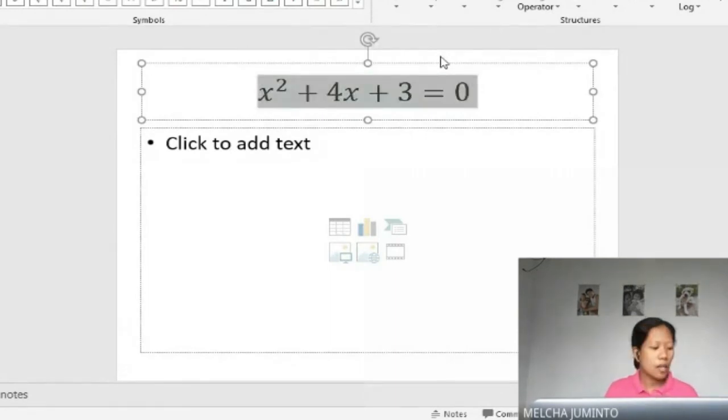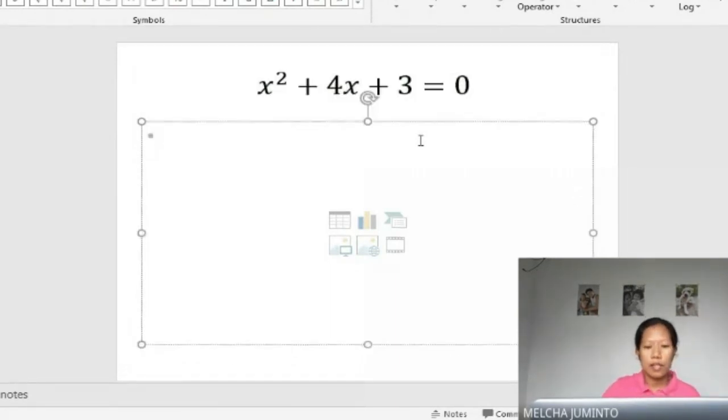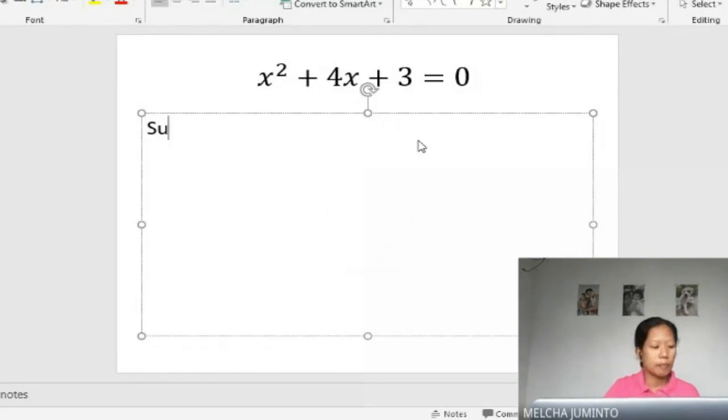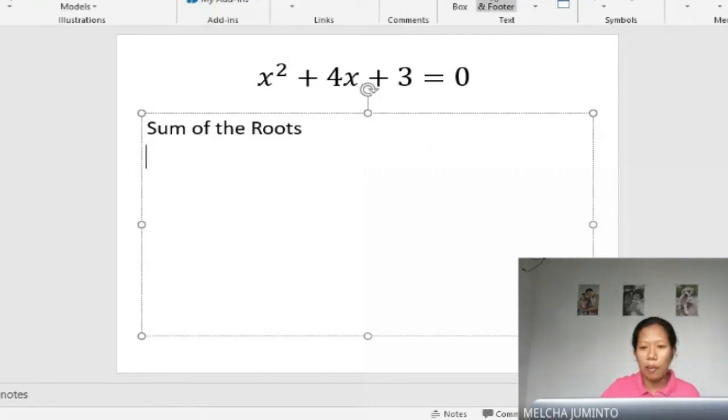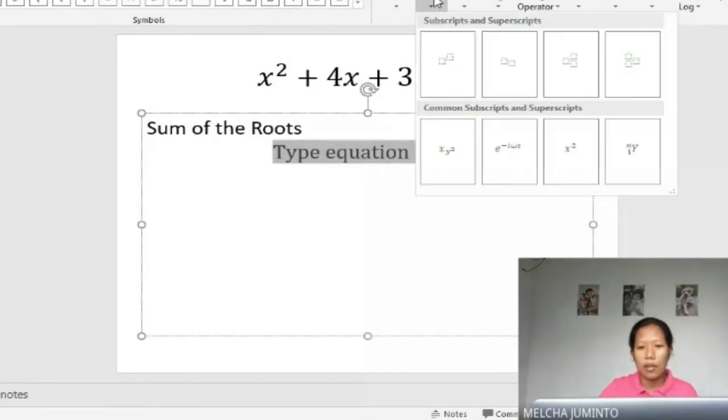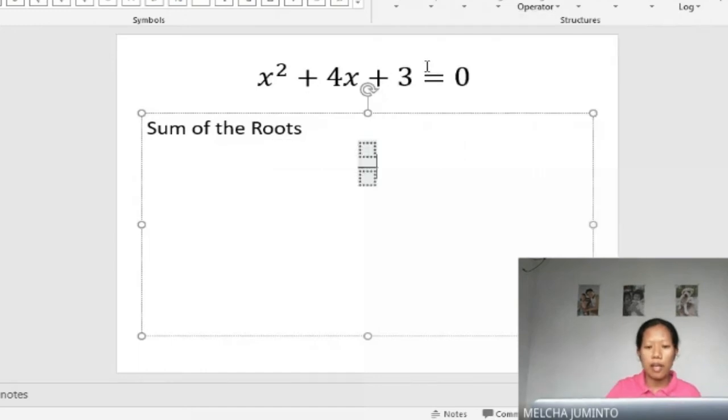To find the sum of the roots, use the formula from the previous slide. The formula is negative b over a.